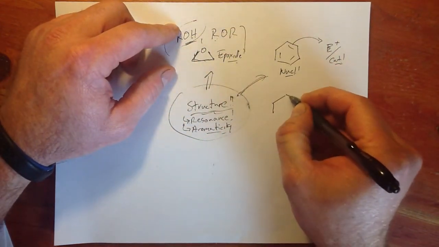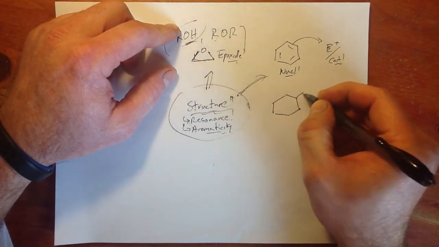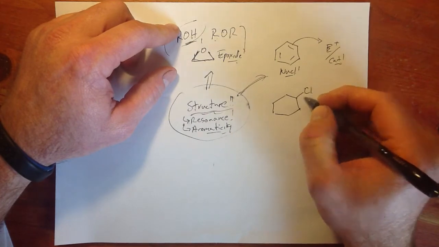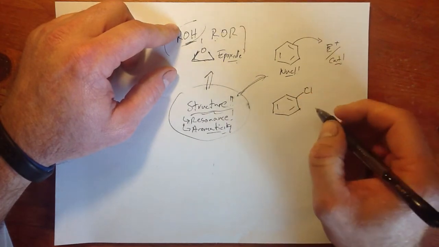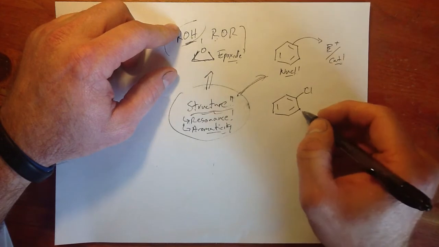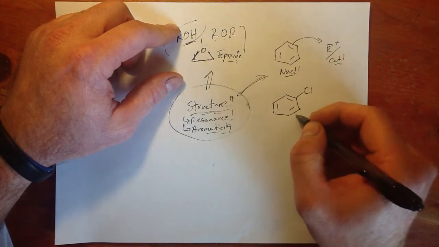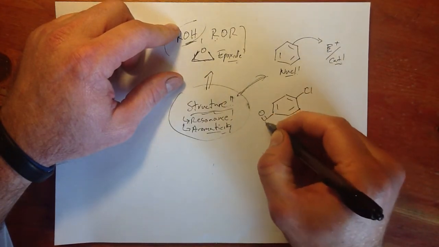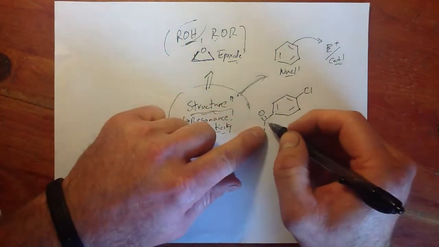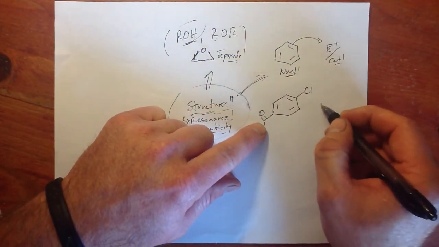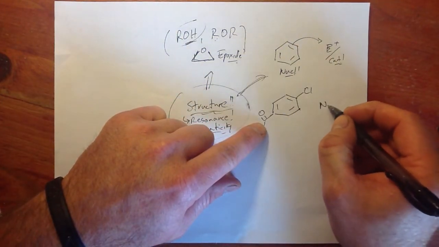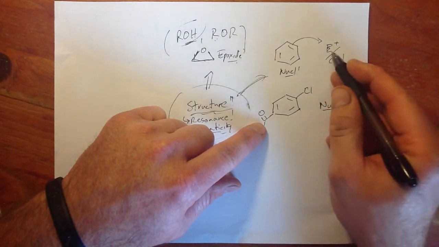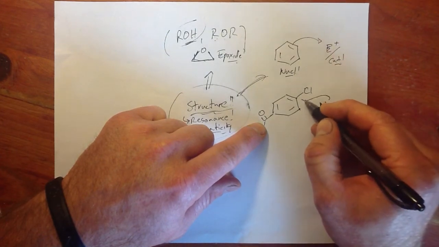But we can also take a benzene ring and have off of it a chlorine and maybe an electron withdrawing group, strategically placed, an electron withdrawing group like a carbonyl, and we can have a nucleophile come in, not an electrophile, and do the attacking.